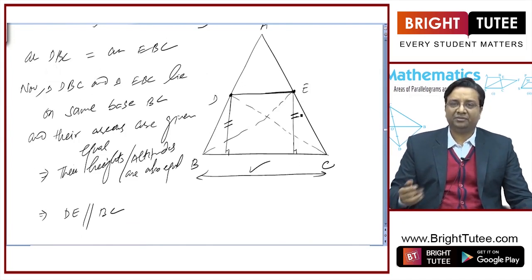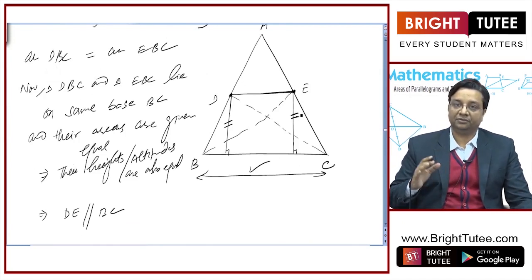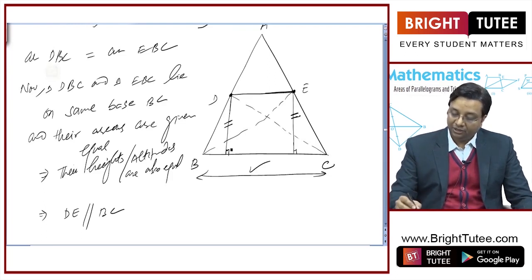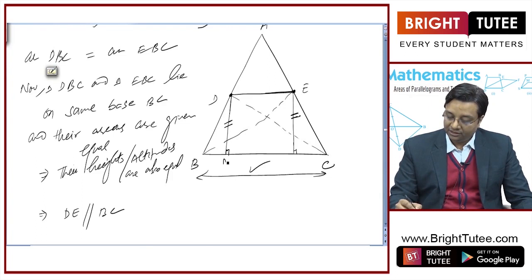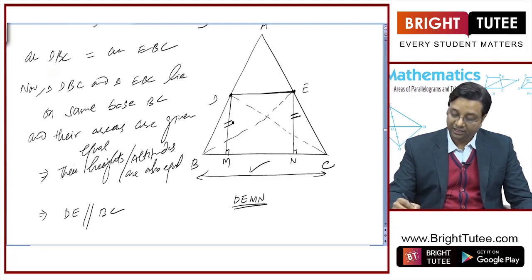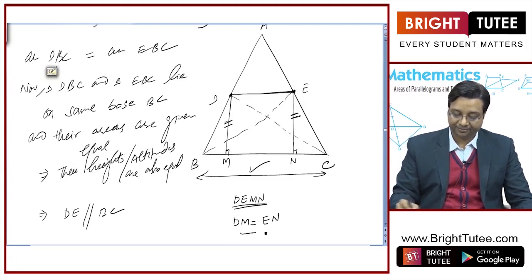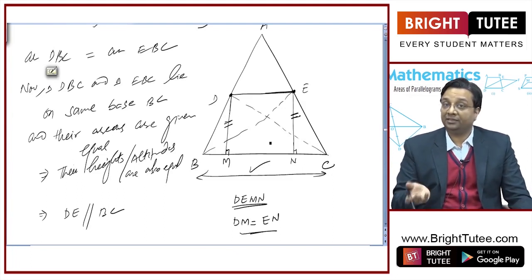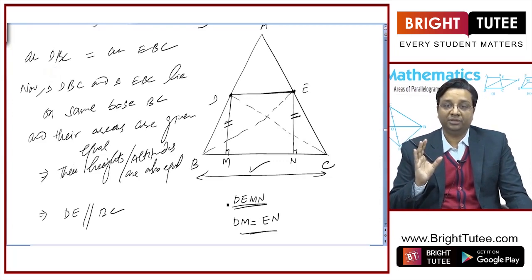Okay, so you can imagine also in other ways, if you have not understood this from the distance perspective, you can see now. If you look at this quadrilateral DEMN, in this quadrilateral DM is equal to EN, because their areas are equal, these two triangles, and their bases are equal, so their heights will naturally be equal.